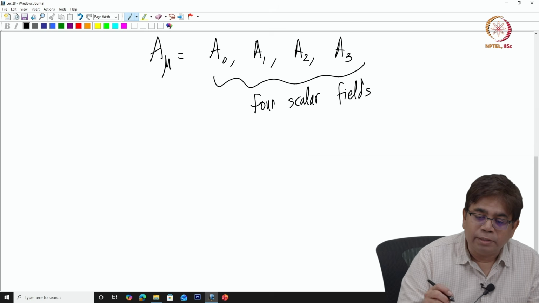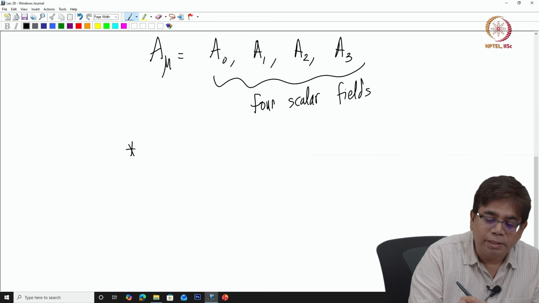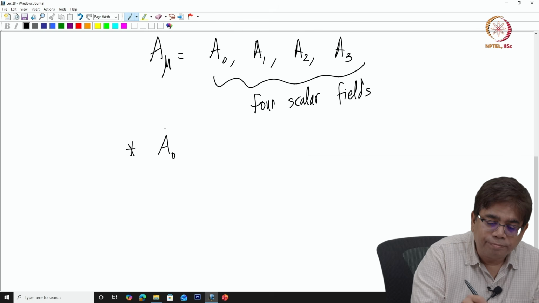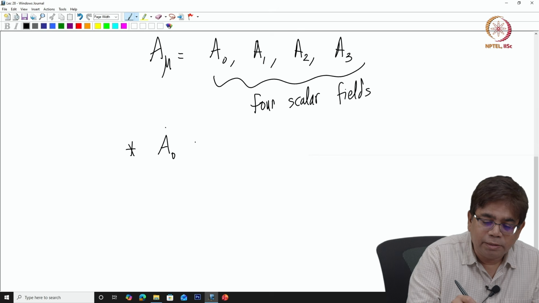The other complication, a couple of complications which we mentioned yesterday, is that if you try to find A0 dot, I will explain, this is vanishing.